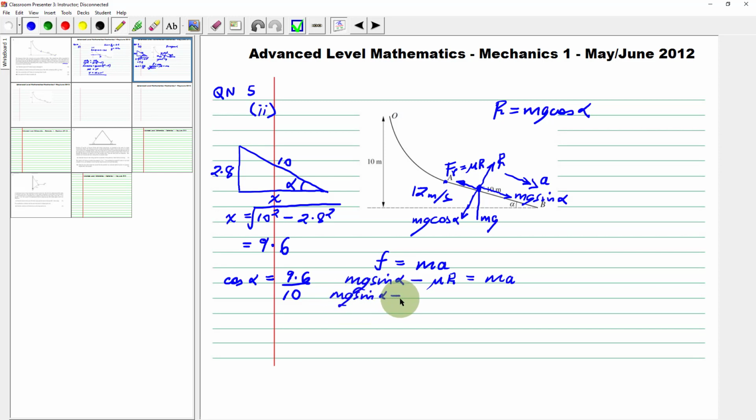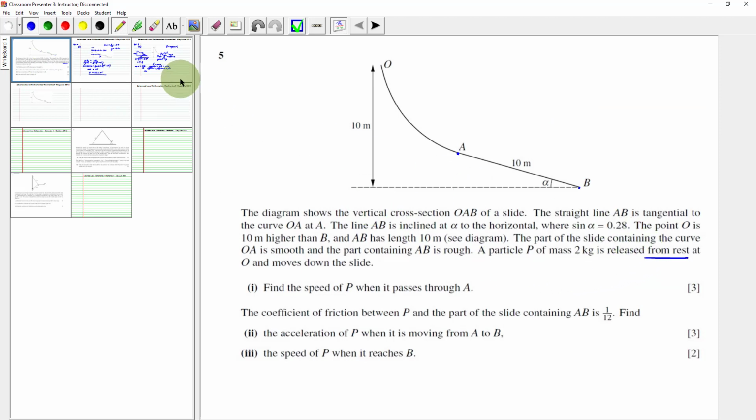Because here we have mg sine alpha minus mu, but R is mg cos alpha, so mu mg cos alpha equals ma. And you can see that the mass cancels out throughout, so that one is not a big problem. I'm not going to substitute the mass because it cancels out comfortably. The value of g is 10. Sine alpha is 0.28. Let me just confirm that. Yeah, 0.28.